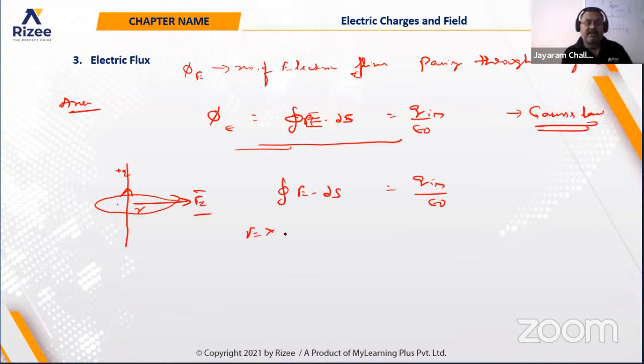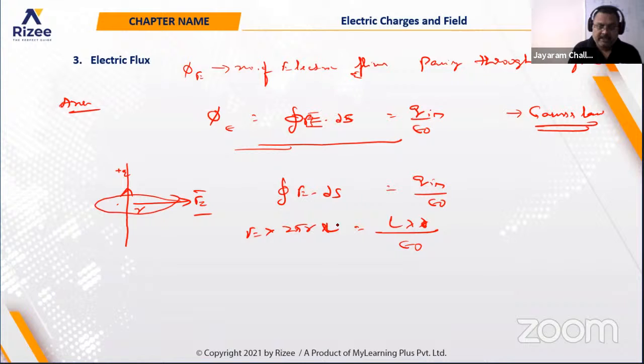What is the surface area here? That is 2 pi r into some length L, equal to the charge on the wire, that is lambda L, by epsilon naught. So the L terms will be cancelled. So the same formula that we have written, 1 by 4 pi epsilon naught, or lambda by 2 pi epsilon naught into r.